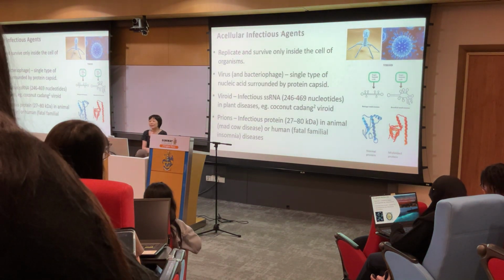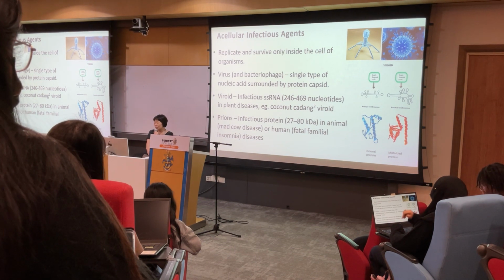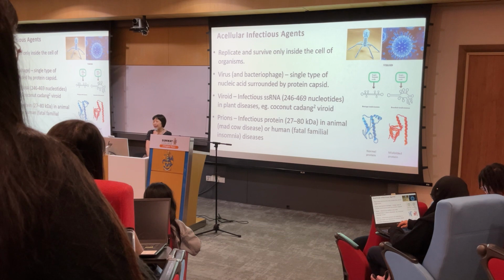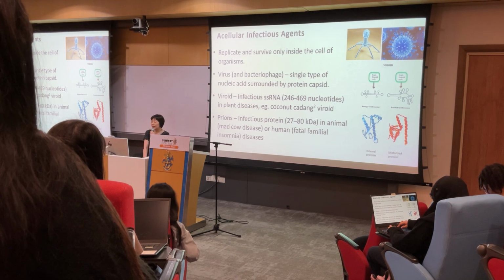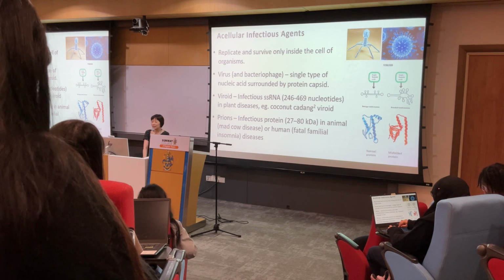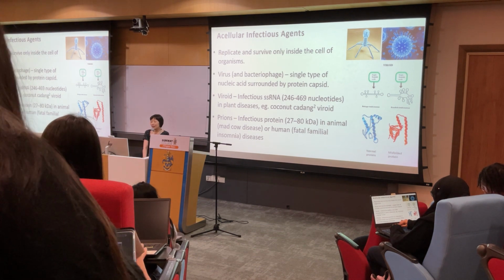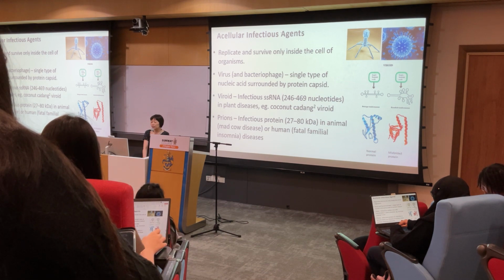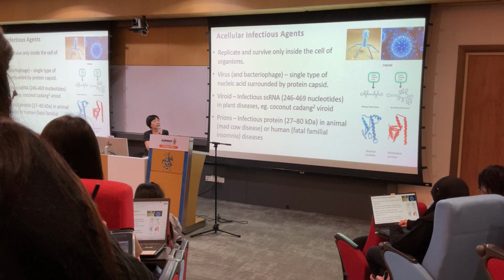Okay, the cellular infectious agents, which we call anything other than the five kingdoms we talked about. Those are infectious agents, meaning they make humans sick, and of course the virus is one of them. So this is the structure of a bacteriophage.